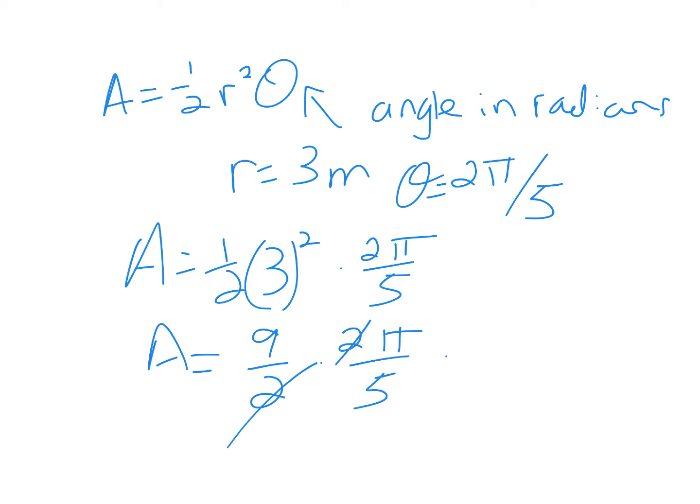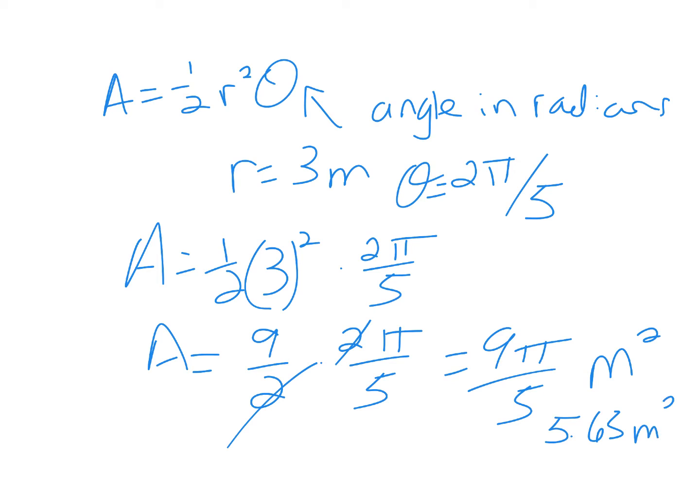That reduces down nicely, so it's going to be 9 pi over 5 meters squared, because it's area. And if we want a more specific number, let's round to the nearest hundredth: approximately 5.65 meters squared.